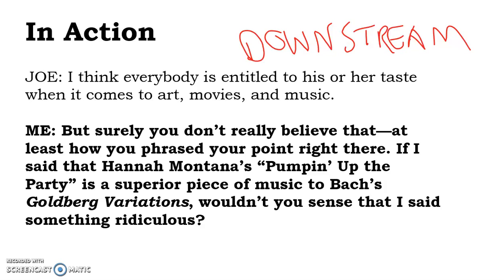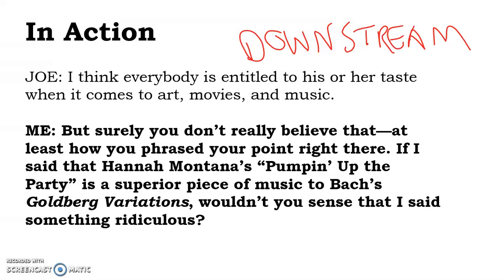It's easier to go upstream. That is, it's easier to look at premises and challenge those. Downstream has the benefit of giving us an opportunity to challenge the thesis, challenge what Joe is really trying to say. And the benefit of this is that this thesis is the thing Joe is ultimately tied to.